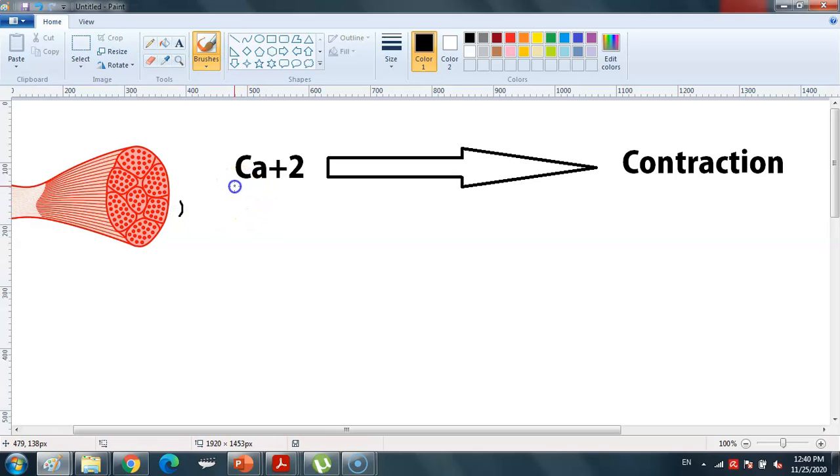As we know, calcium is required for muscle contraction, and the mechanism of magnesium is simply by shifting the calcium from its binding site in the muscle. Therefore, no contraction will be done.